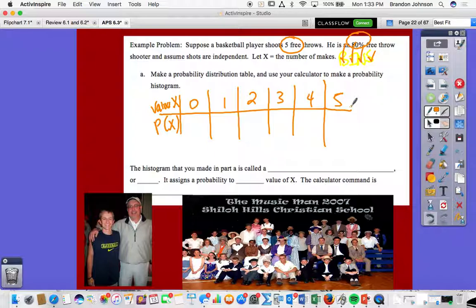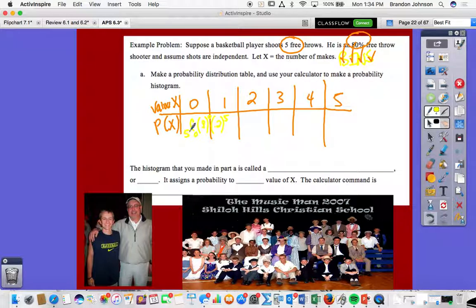How do we do this? Well, each of these, remember from yesterday, or really from today because it's the same podcast, we remember that for each of these, we can do 5, because there's a 5, which is n, C, 0, okay? And then we would say the probability of success is 0.8 to the 0 power times the failure, 0.2 to the n minus k, which would be 5, because 5 and 0 have to add up to be equal to whatever my n was, which again was a 5 there.